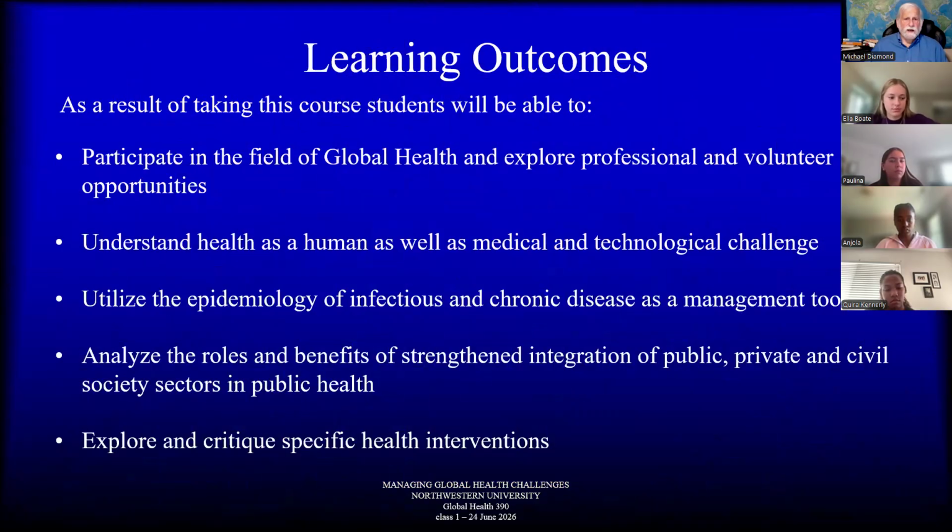So what are you going to get out of this course? As a result of taking this course, you will be able to participate in the field of global health and explore professional and volunteer opportunities. You're going to understand health as a human as well as a medical and technological challenge. You'll be able to utilize the epidemiology of infectious and chronic disease as a management tool.